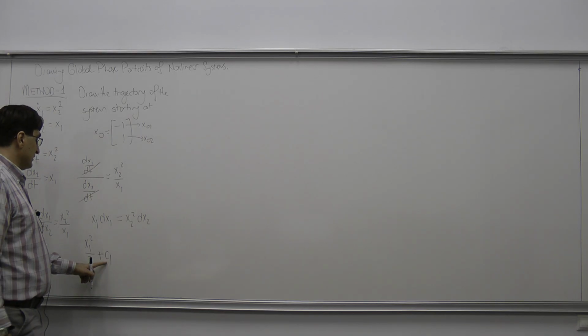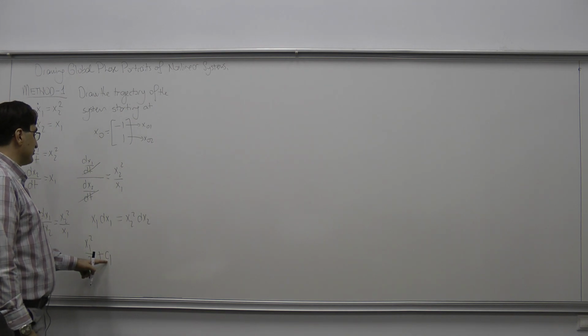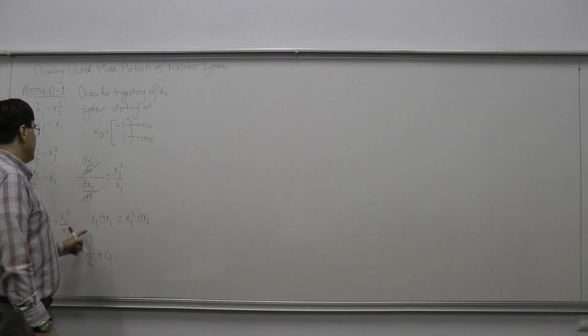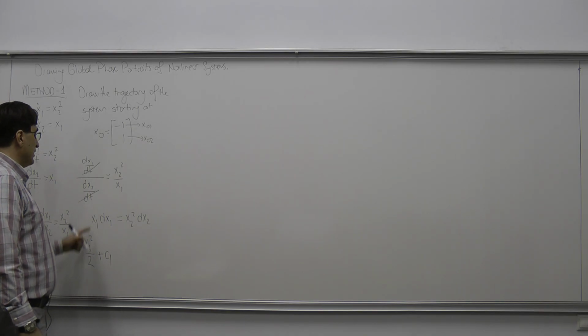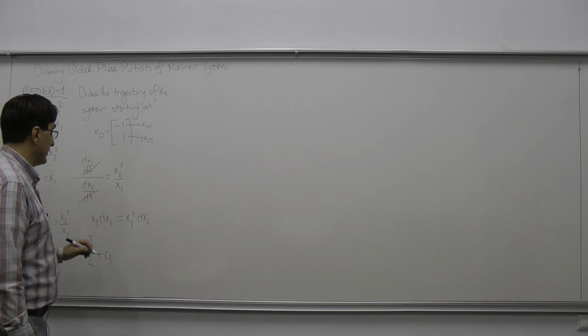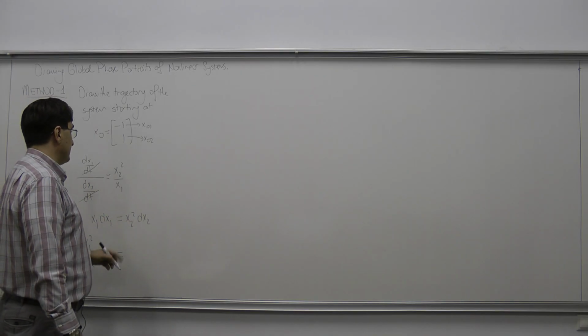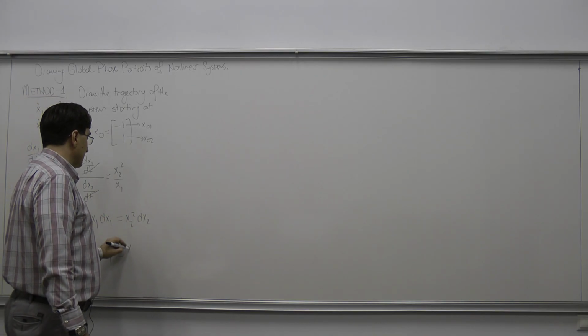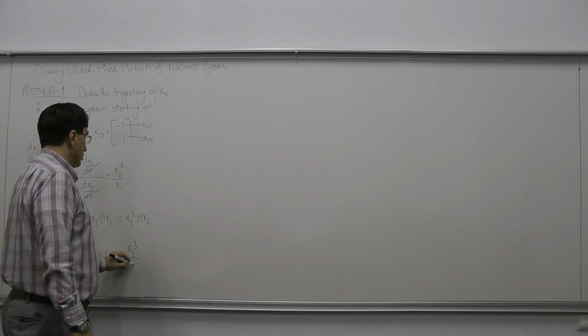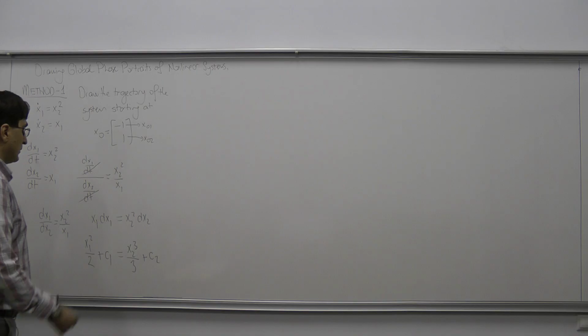We always have a constant. So this is a constant with respect to x1, so that when I take the derivative of this quantity with respect to x1, I would get just x1. This c is going to give me 0 there. That is equal to, I will take the integral of this thing with respect to x2 now, x2 cubed over 3 plus c2 here. All right?